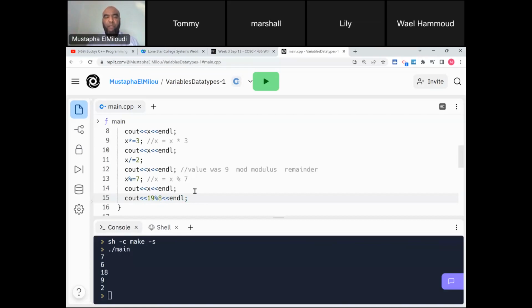What is the remainder if I divide 19 by 8? 3. 3, very good. Why? Because when I divide 19 by 8, what is the integer I'm going to get? 2. 2 times 8 is 16. So if you do 19 minus 16, that's 3 left over. So if I run the program, you're going to get 3.